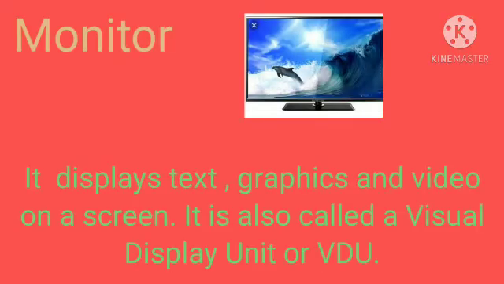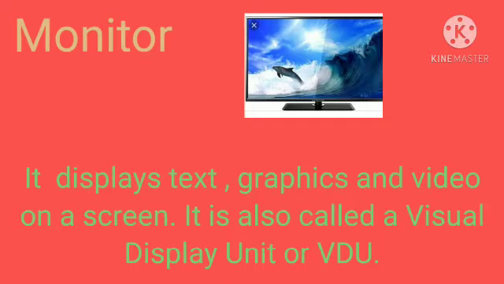Monitor. A monitor displays all the output. A monitor is the main and most common computer output device. It displays text, graphics, and videos on a screen. It is also called a visual display unit or VDU. It displays video like a television.